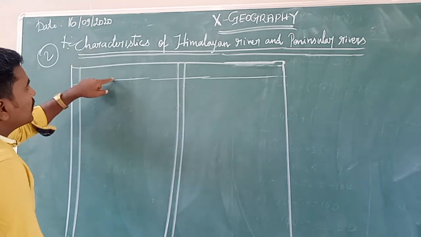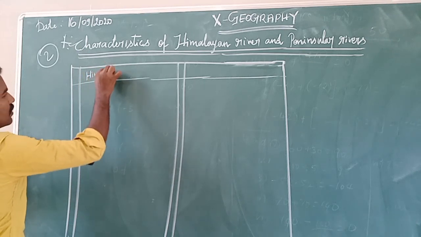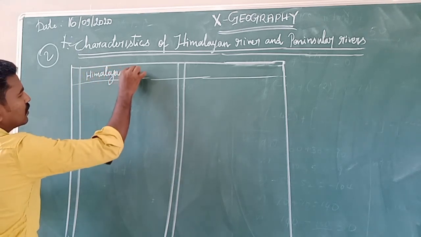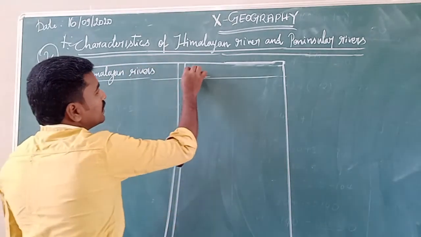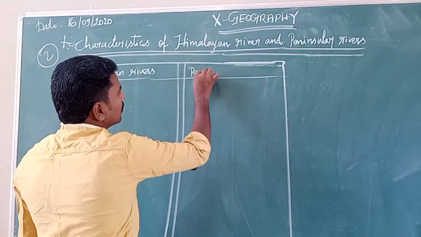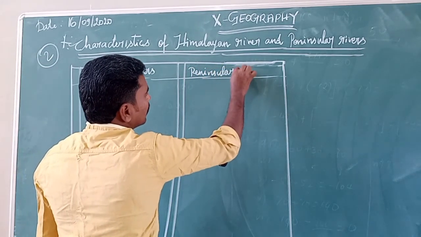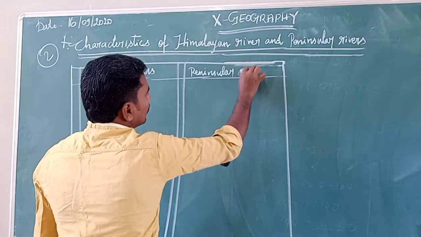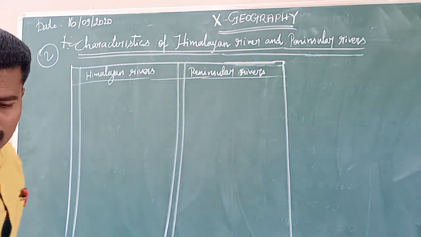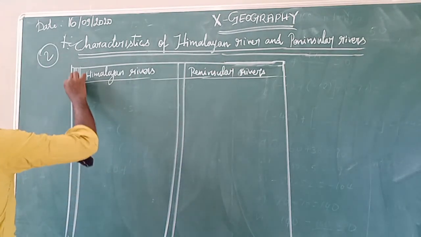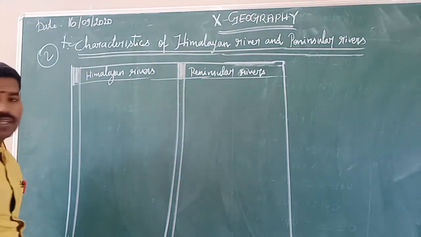First, we have to write Himalayan rivers here, and peninsular rivers here.